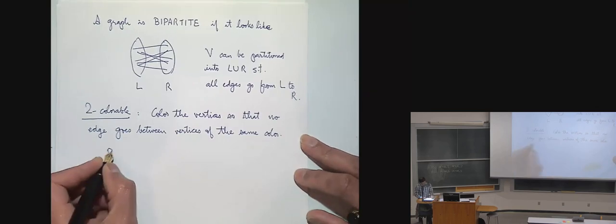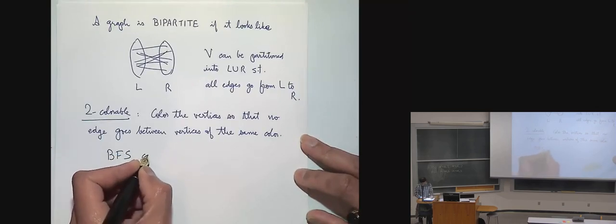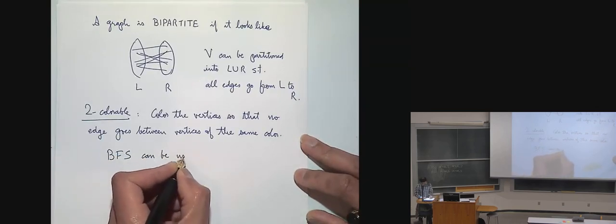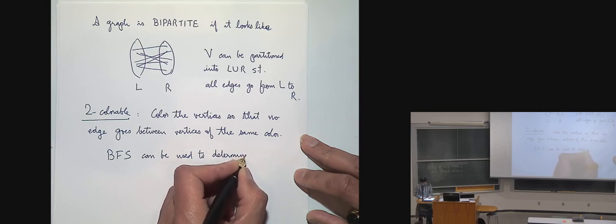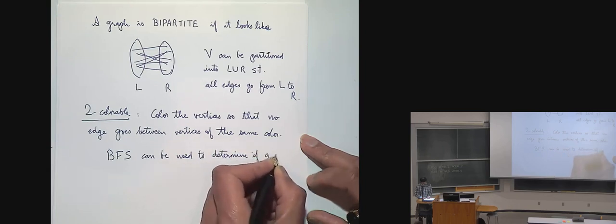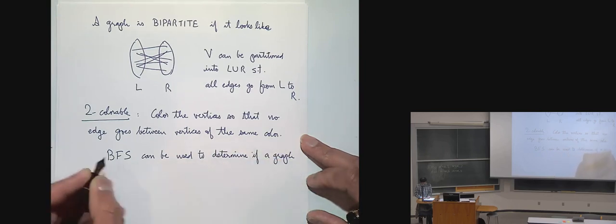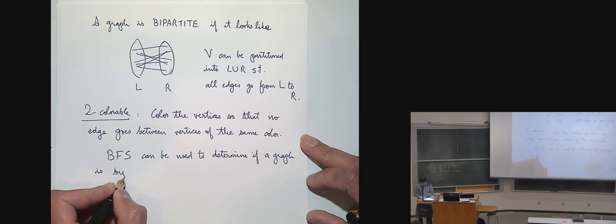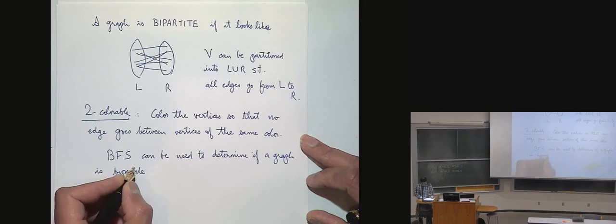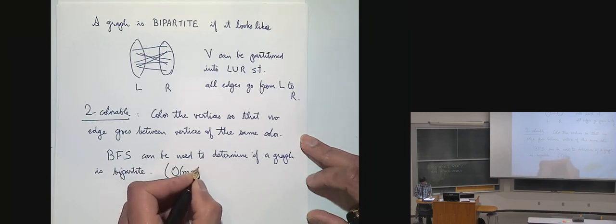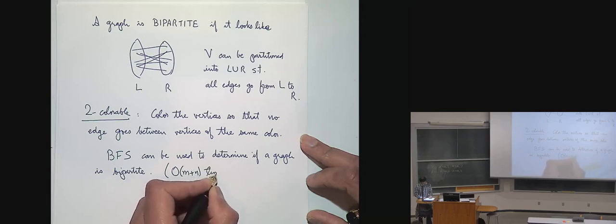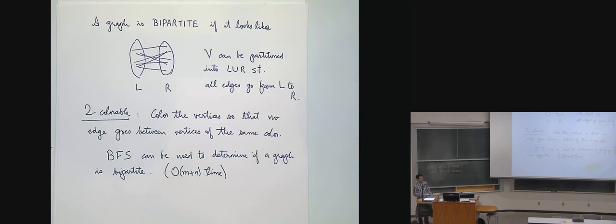And so BFS can be used to determine if a graph is bipartite. You can do this in basically O of m plus n time, which is linear time, just once in the size of the input.